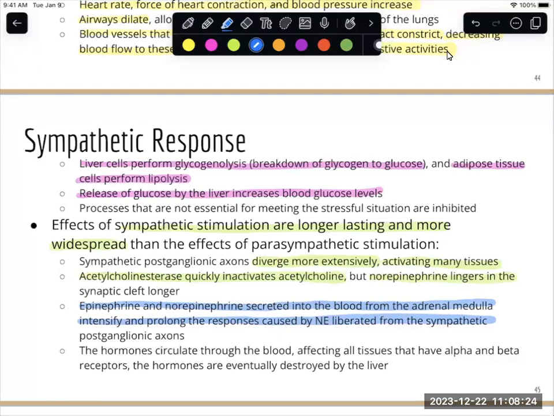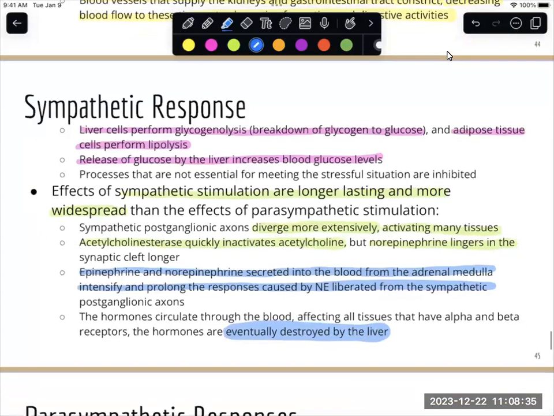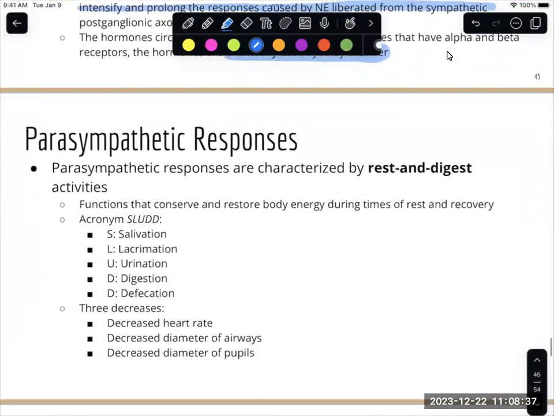Hormones do eventually get destroyed by the liver. They get broken down. But since this goes into your bloodstream, that epinephrine and that norepinephrine, it causes that lasting response. Now that rest and digest, parasympathetic. We've got an acronym for what happens.